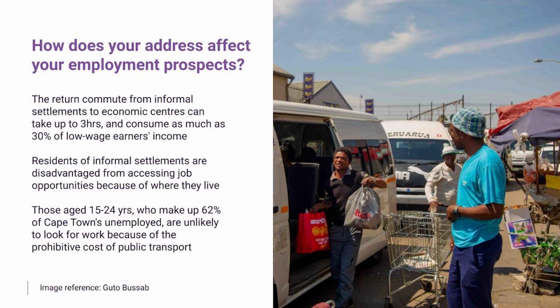In other words, they are disadvantaged to access employment opportunities just because of where they live and what the cost of public transport is to get to work. And of course, imagine if you live in one of those informal settlements and you're one of the young people between 15 and 24 that makes up the 62% of unemployed in Cape Town, you just don't have the income to go and look for work because of the expense of public transport.